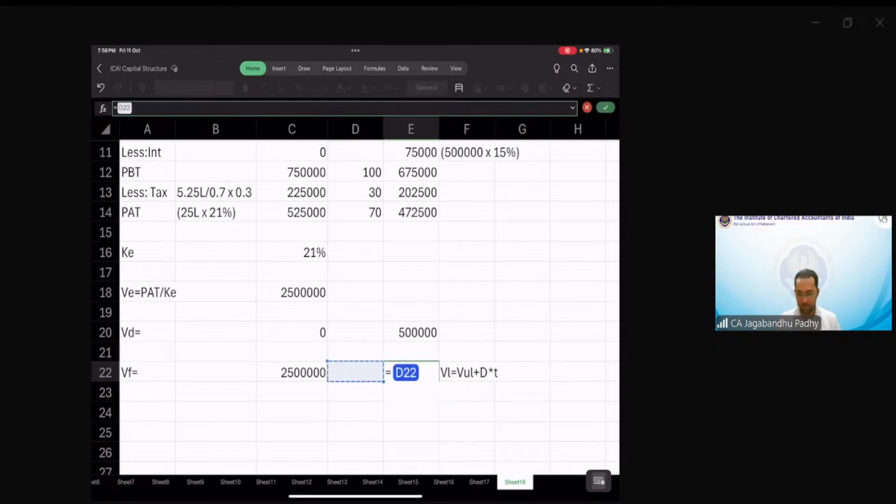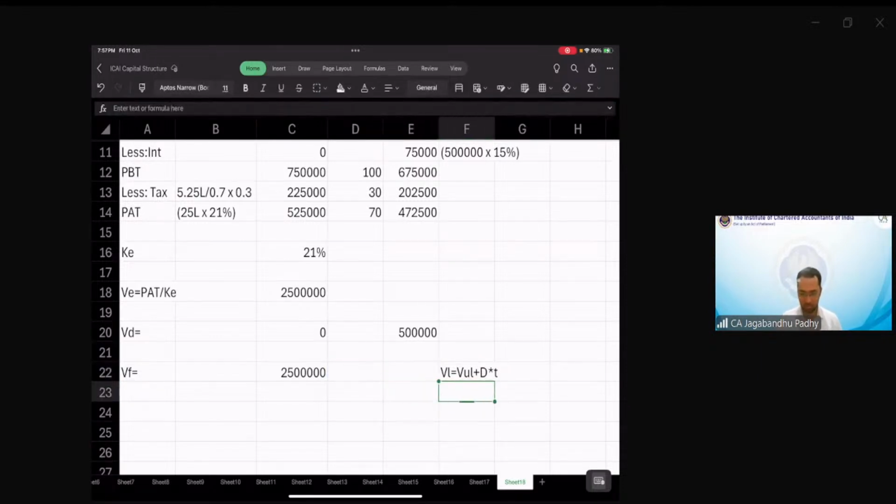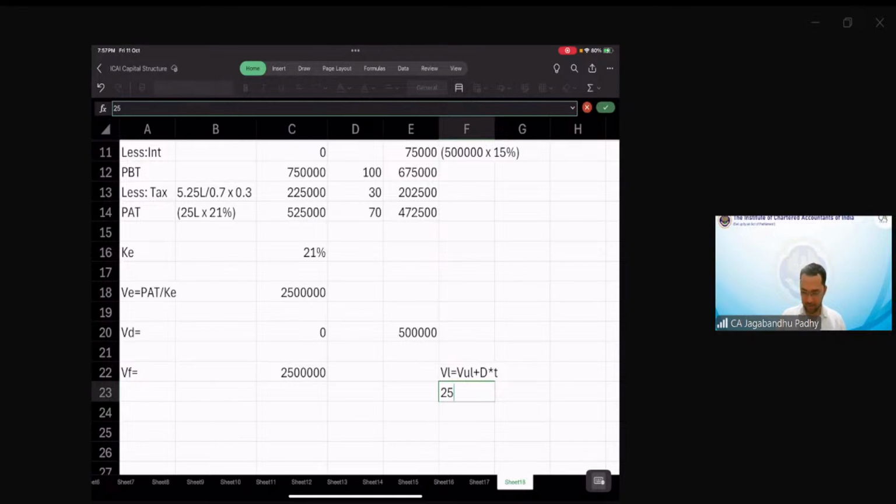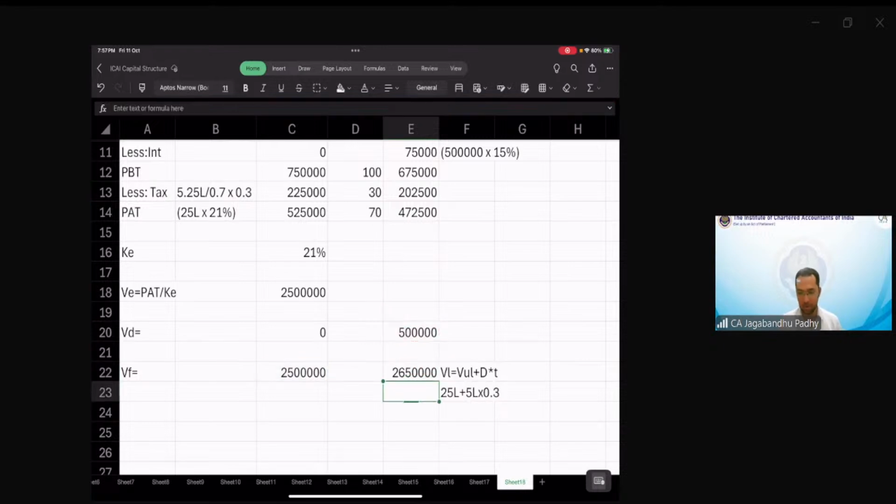So it will be essentially 25 lakh plus 5 lakh, the value of debt, multiplied by tax rate, which is 0.3. So I can say it is 25 lakh plus 5 lakh multiplied by 0.3, which is 26 lakh 50,000. So value of the firm is 26 lakh 50,000.